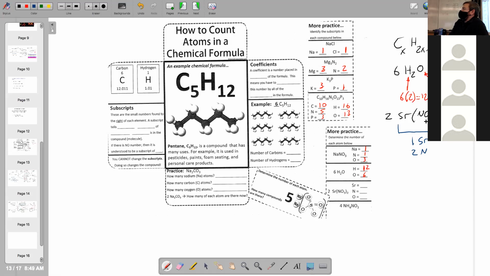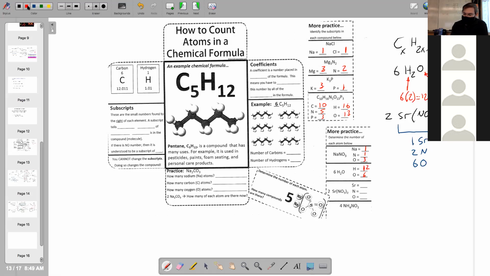Inside the parentheses, there's also an O3. Every nitrate has 3 oxygens, but there's a 2 outside it, and 2 times 3 is 6. So this compound has 6 oxygens. The compound itself, ignoring the coefficient in front, is made up of 1 strontium, 2 nitrogens, and 6 oxygens.